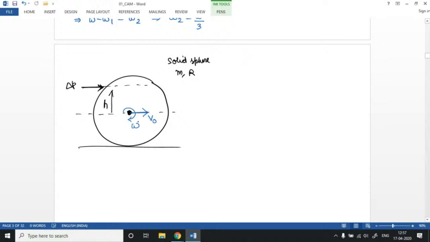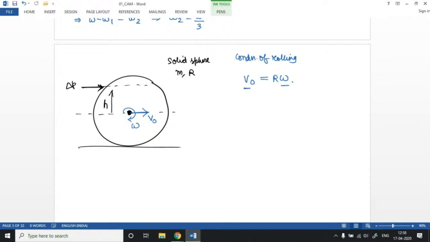The condition of rolling here would be v naught is equal to r omega. So before that we need to find out the values of v naught and omega.